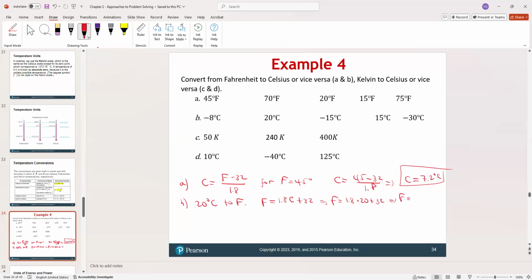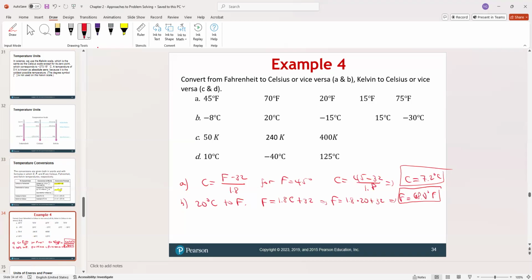How many degrees Fahrenheit is 20 degrees Celsius? 20 degrees Celsius would be 68 degrees Fahrenheit. So 20 degrees Celsius is 68 degrees Fahrenheit. And we can convert all of them. Remember, we have different formulas. It all depends on what they ask you to do.